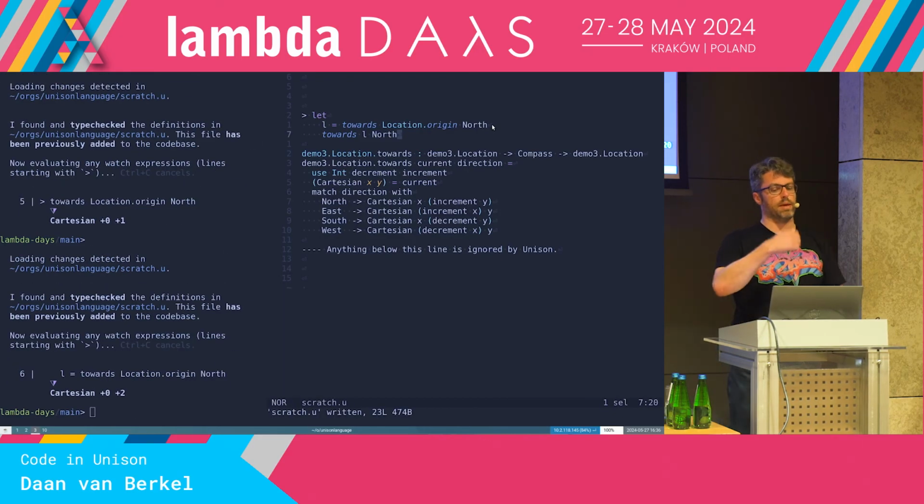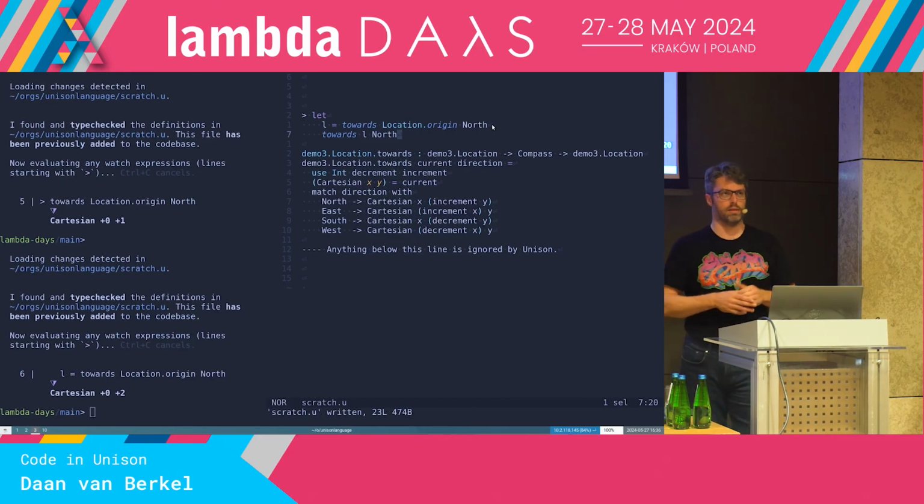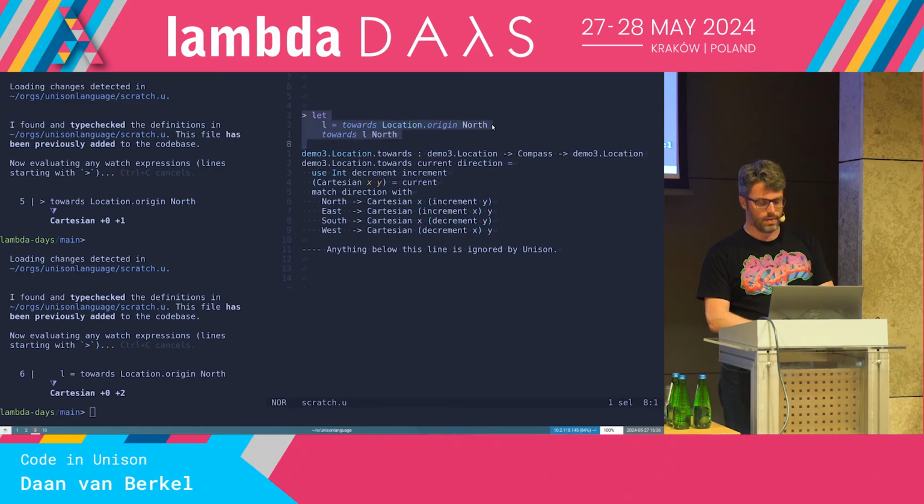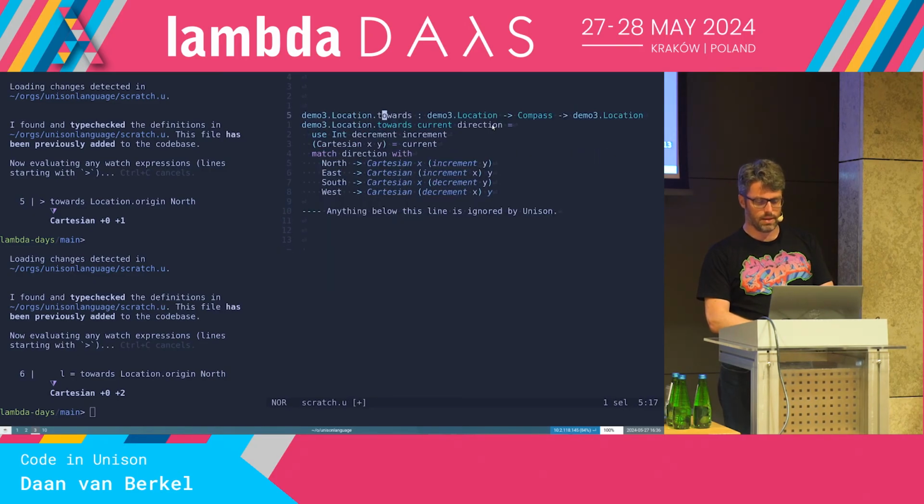So what I would rather write is the pipe style, that if I have a location and I go towards north, then that's the arguments. So basically what I want is to change the argument order. So let's do that. I would rather have the compass before the location, and then the third compass isn't necessary anymore.